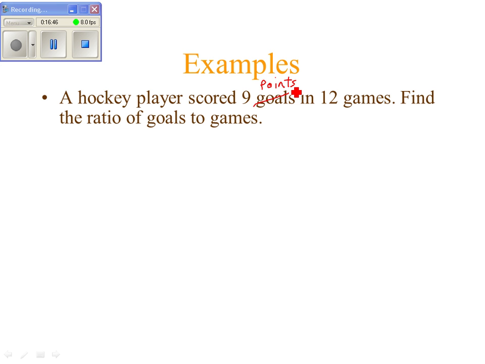A normal hockey player, even real good hockey players, this is a sort of high ratio for even a real good hockey player. Even Wayne Gretzky. But if you go by points, which include assists and goals, then it's more feasible.